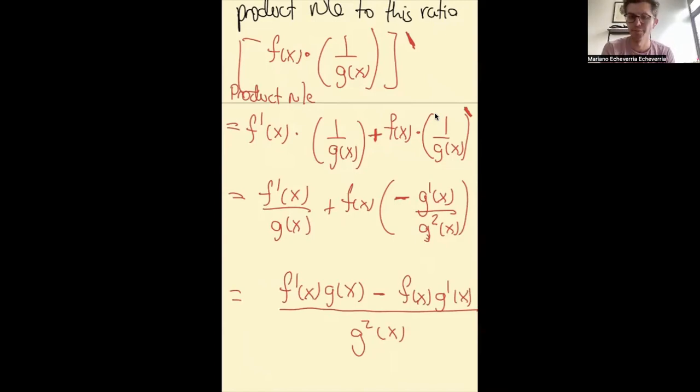And that's where it comes from, basically. Is that making sense? Or are there any questions about this?